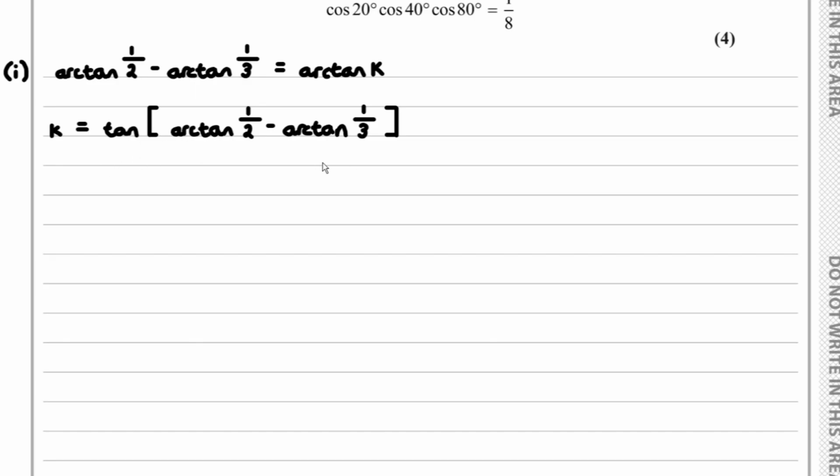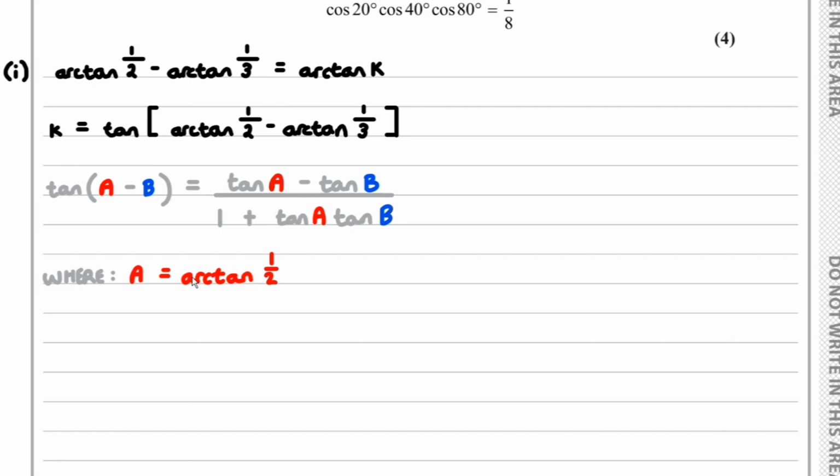Now, on the right hand side of this equation, we can use the identity for tan of a subtract b. The tan of a subtract b is equal to the tan of a subtract the tan of b over 1 plus the tan of a times the tan of b.